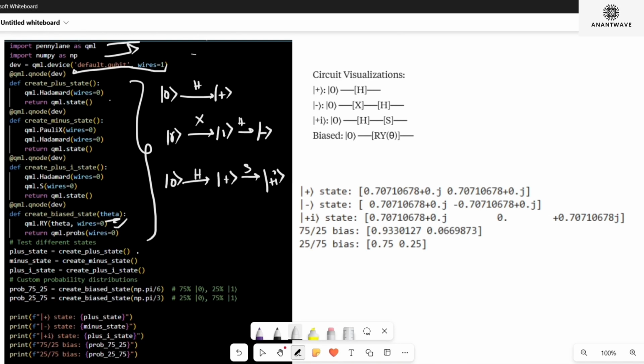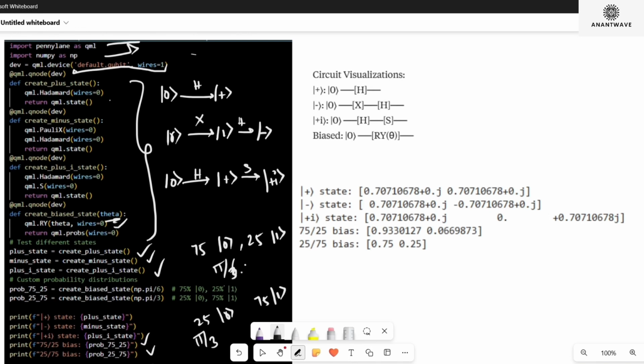We are creating the plus state, minus state, and plus i state, and then creating probability 75% for 0 and 25% for ket 1 using pi by 6 angle, and 25% for ket 0 and 75% for ket 1 using pi by 3 angle, and then printing the results.